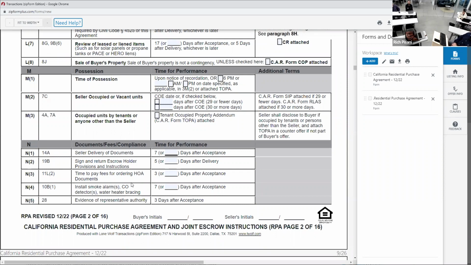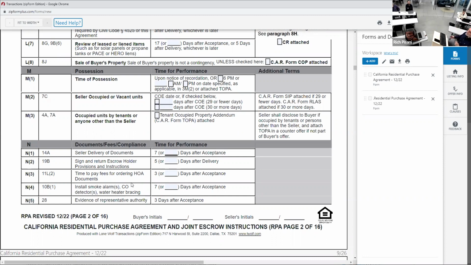So get that retrofitting done. Make sure that the smoke alarms are there, or the carbon monoxide. If you're a listing agent, those need to be there when it's appraised, especially the carbon monoxide. They're going to look for a carbon monoxide detector. They're 10, 20 bucks. Have a bunch of them in your car.